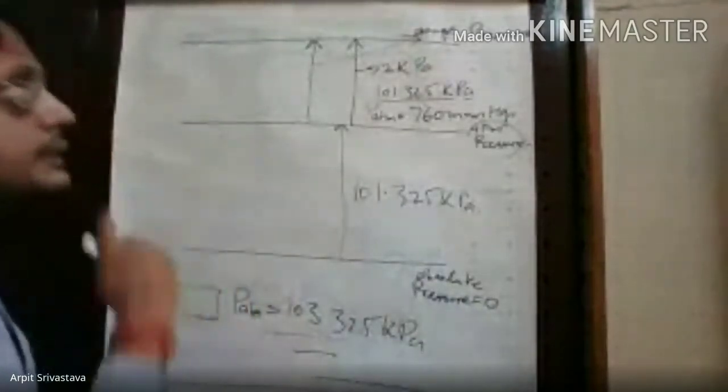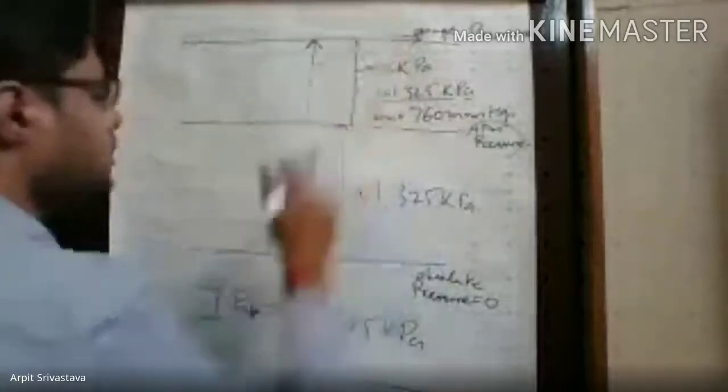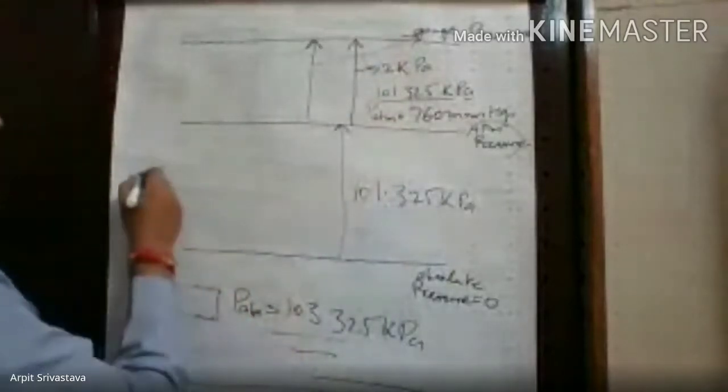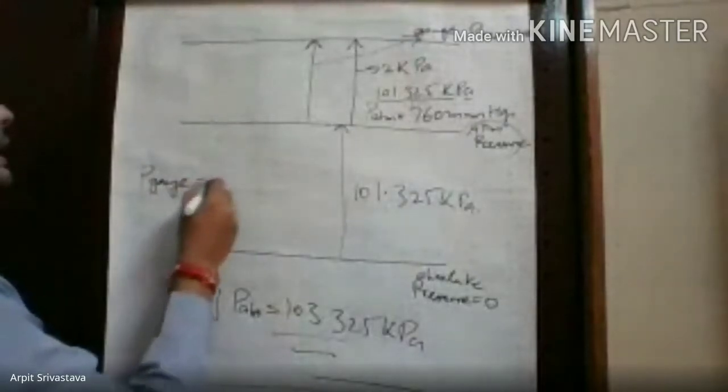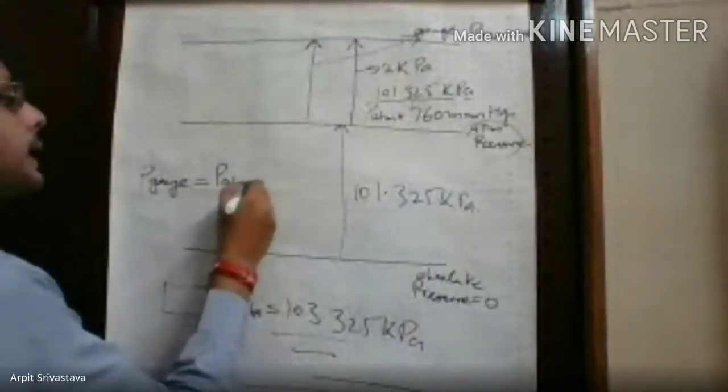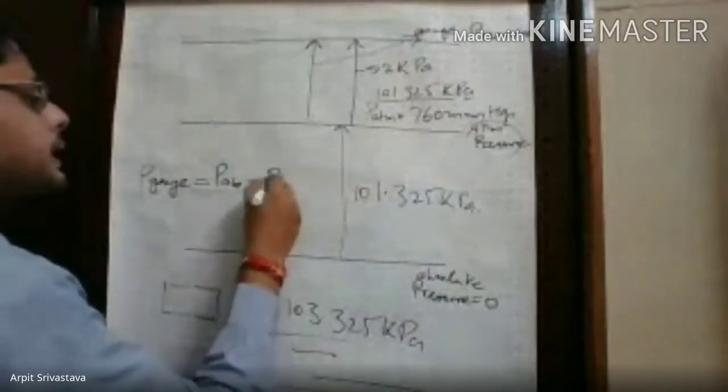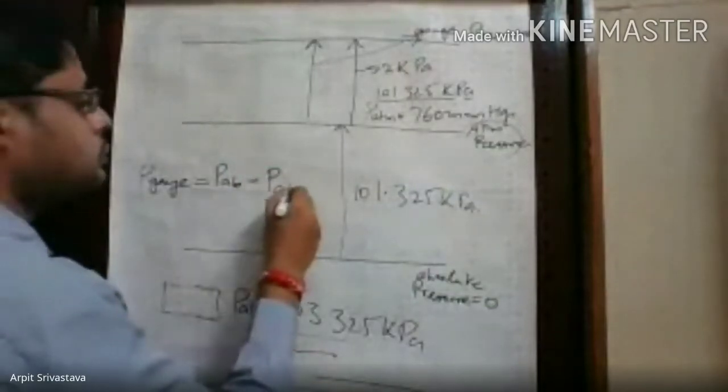So the gauge pressure, P gauge, is defined as P absolute minus P atmospheric.